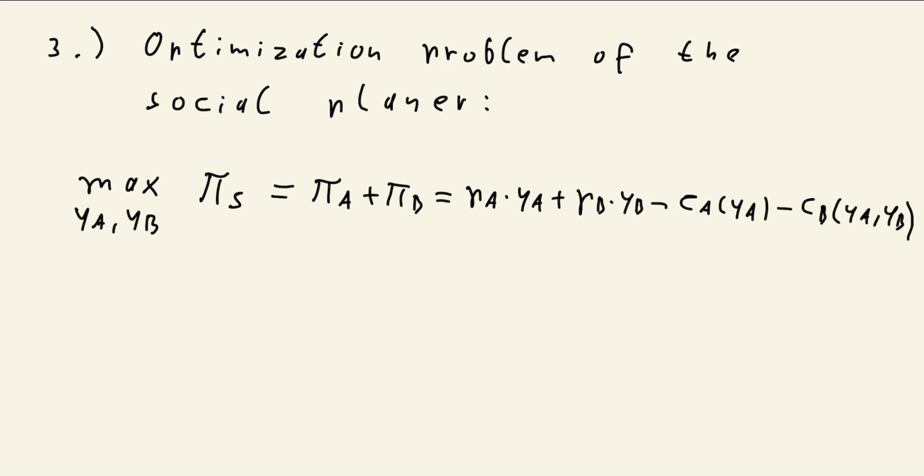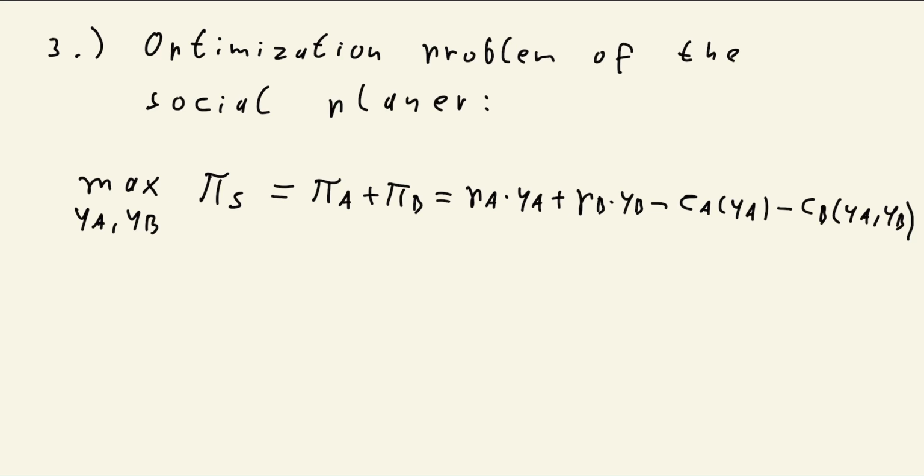And now you should immediately see why, if we consider this type of optimization problem, so taking a social planner, that the social planner will internalize the negative externality caused by steel.